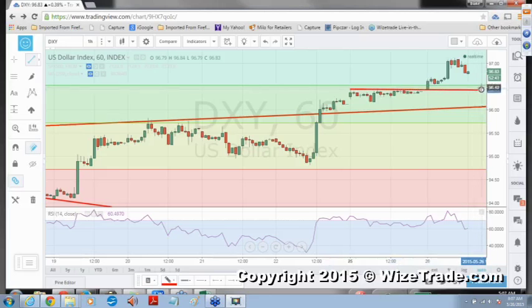So overnight, that was like a pennant, like a little wedge, broke higher. Dead support will come in at 96.45.